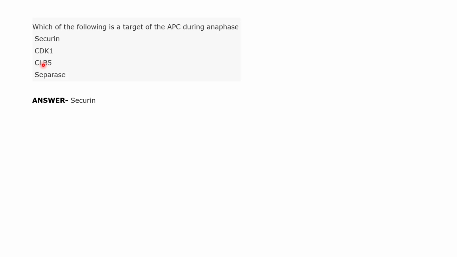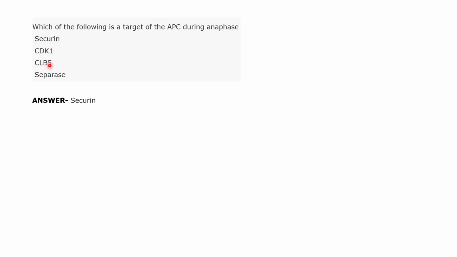So cyclin B needs to be degraded from CDK1 by polyubiquitination followed by proteasomal degradation. So it is also recognized by this APC. So try to find out whether CLB5 is also an answer along with securin. From my point of view, securin is a probable answer, but CLB5 can also be an answer. So do check it out.